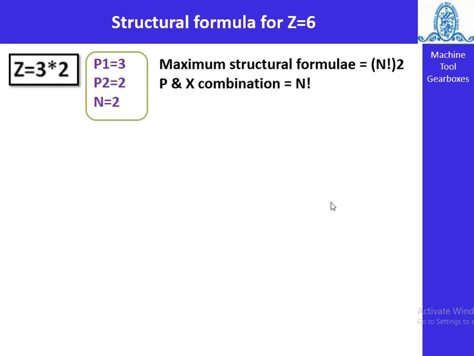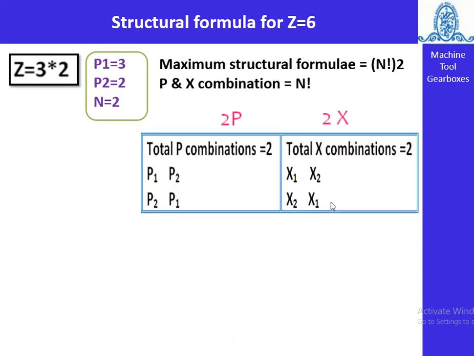Here n is 2, so 2 factorial is 2, 2 squared is 4, so a maximum of 4 structural formulas can be drawn. So how is it to be done?